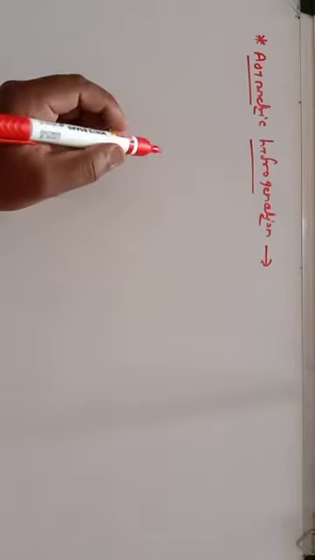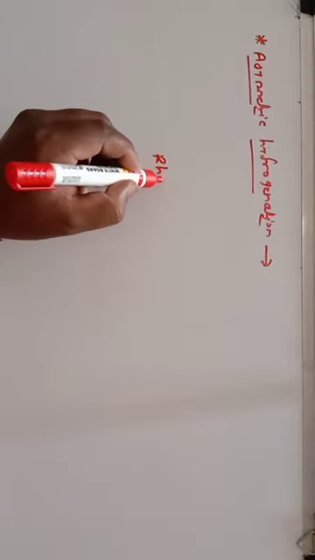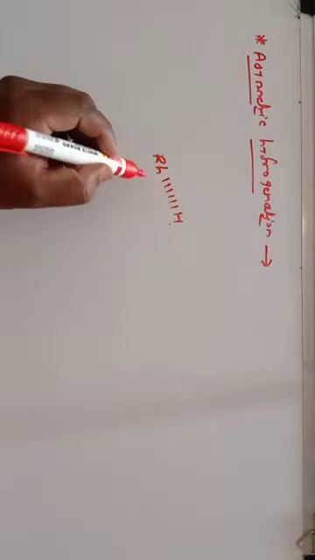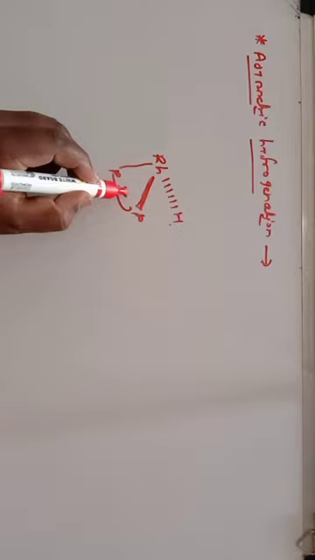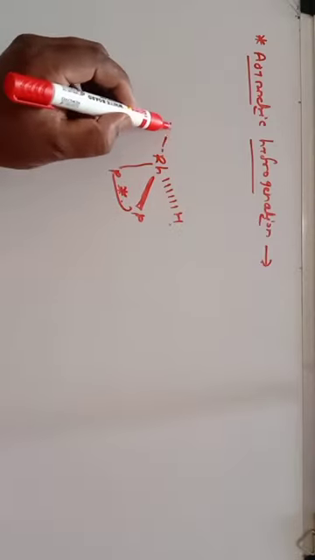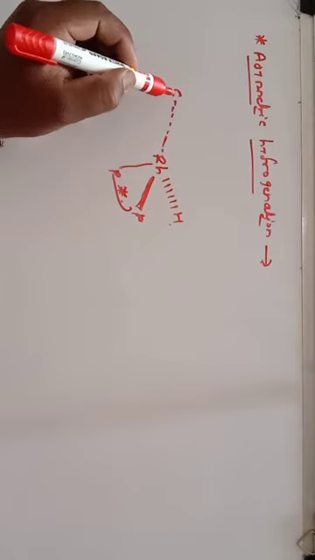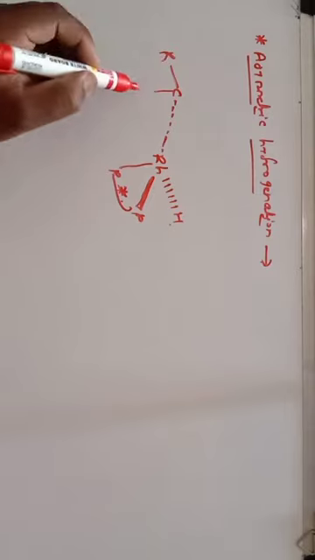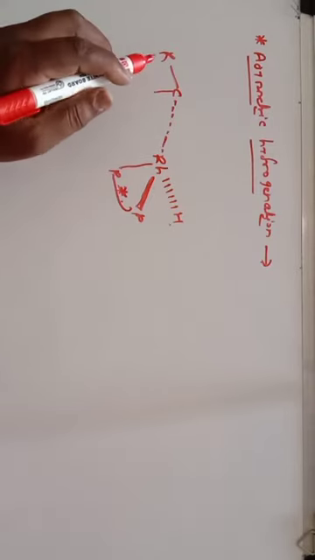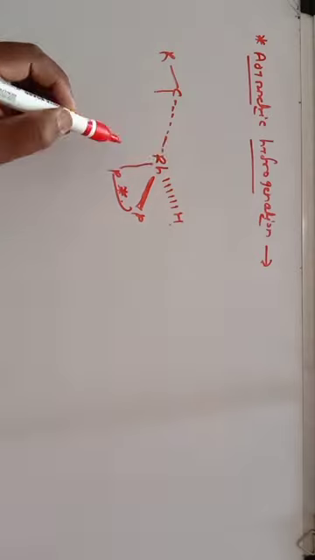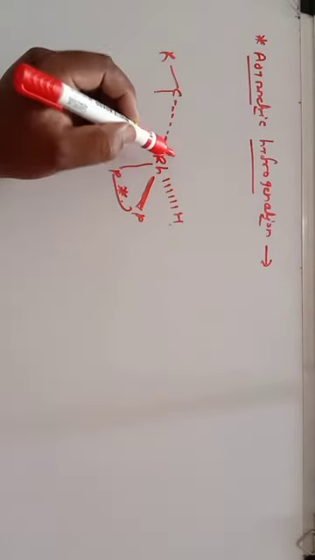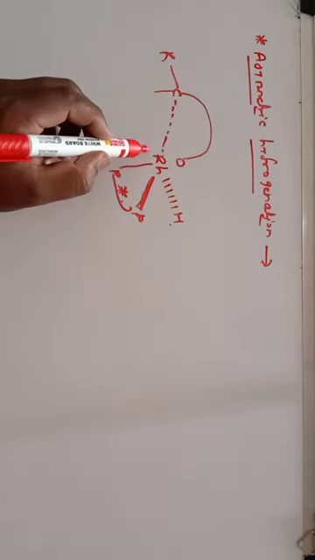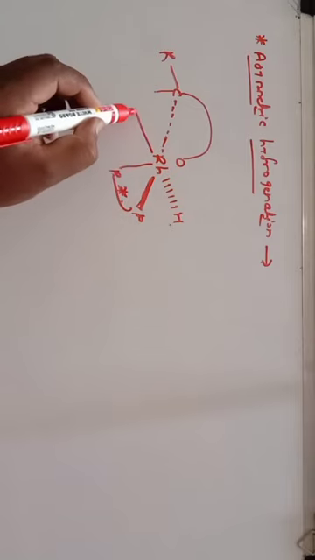So we can write the structure: rhodium, this is your hydrogen, and this is your phosphine ligand, this is your carbon, having an R group and another group, because the hapticity has changed, and the vacant site generated here is occupied by the oxygen. Whatever the position of oxygen, it is replaced by the solvent molecule.